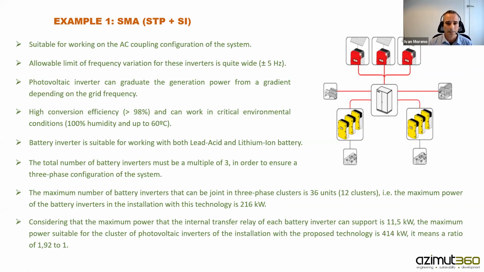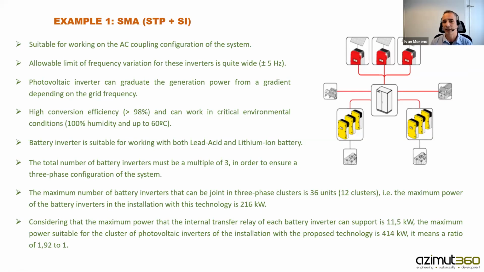So the maximum number of battery inverters that can be joined in 3-phase clusters is 36, or 12 clusters of 3. The maximum power of battery inverters in the installation with this technology is 216 kilowatts of Sunny Island battery inverters.